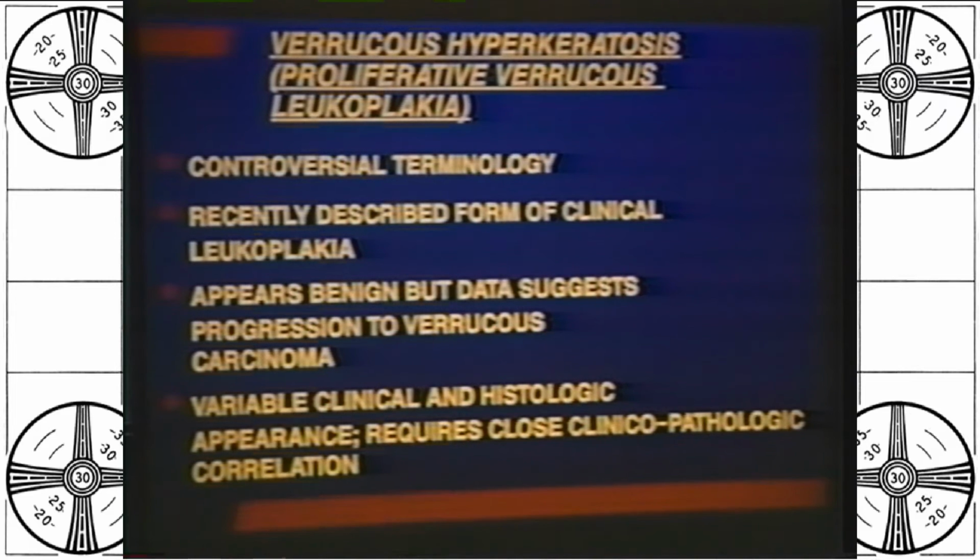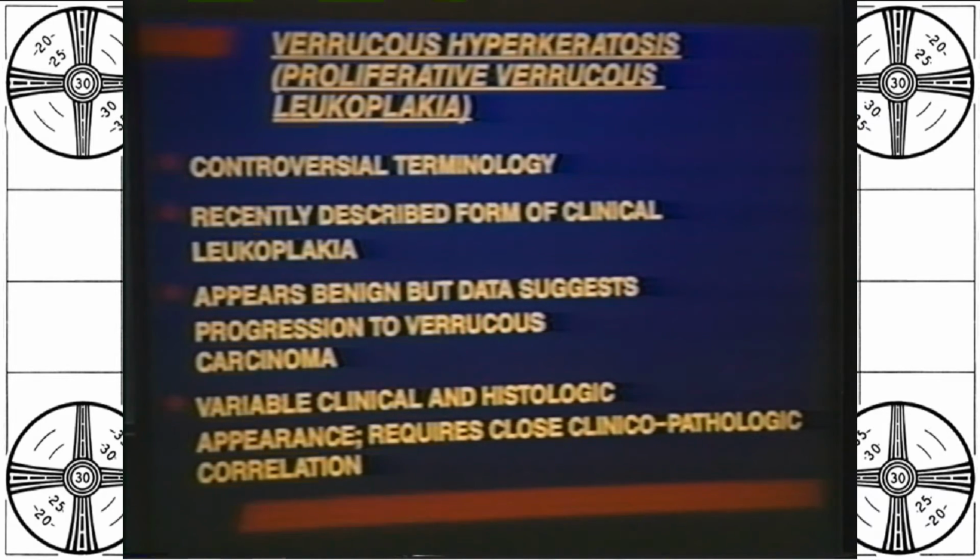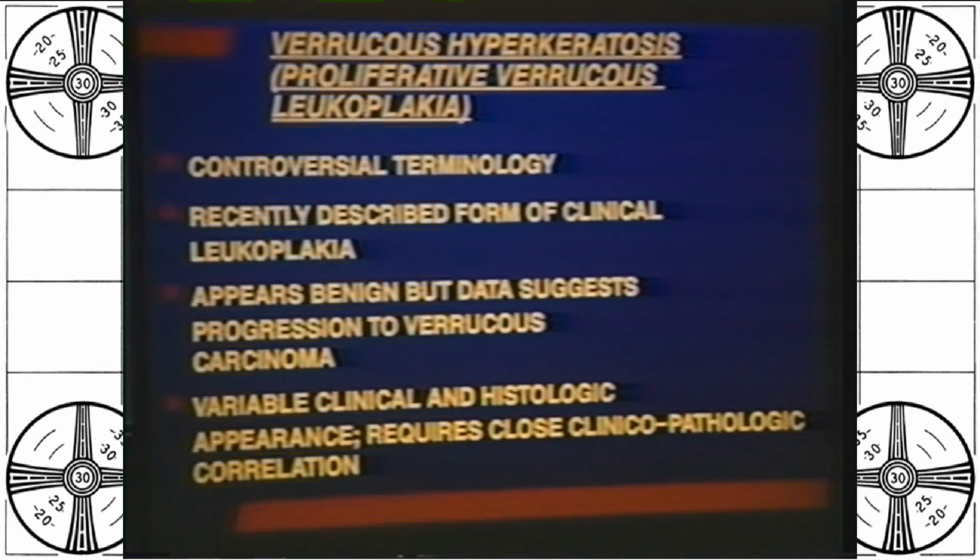Now, there are a few other lesions besides regular squamous cell carcinoma that we need to be aware of so that we don't miss a diagnosis. One of the more recently described, this is just beginning to appear in the literature, is verrucous hyperkeratosis, or proliferative verrucous leukoplakia.